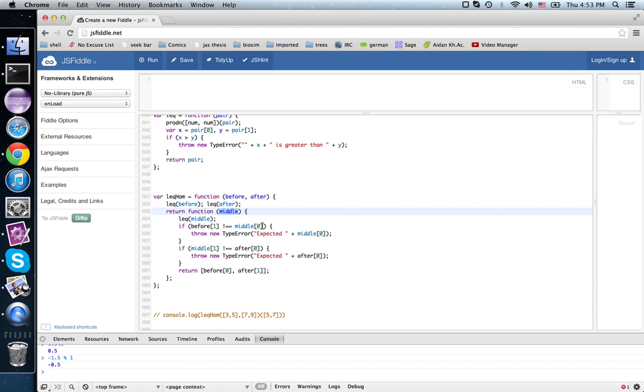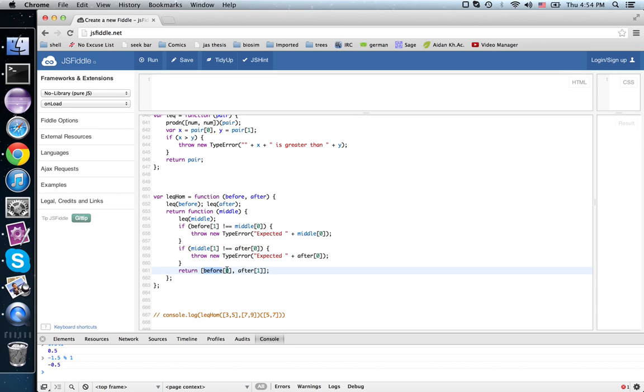Then it checks that the bigger number in before is equal to the smaller number in middle. If not, it throws an exception. Again, it checks to see if the bigger number in middle equals the smaller number in after. If not, it throws an exception.